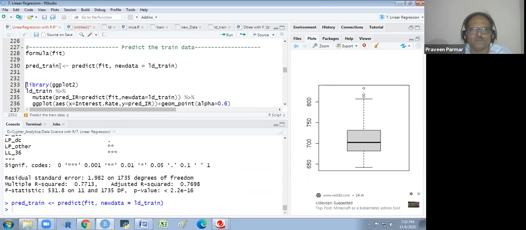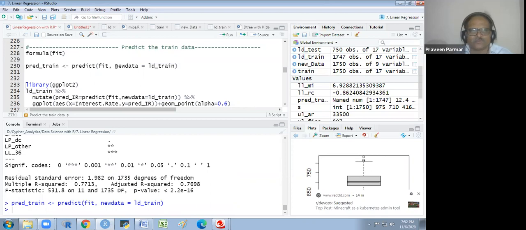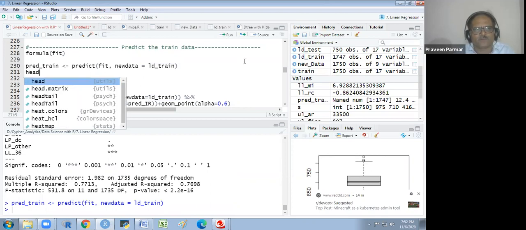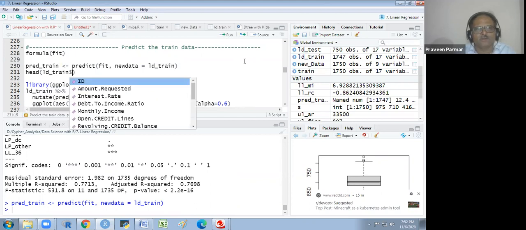So I will get this prediction. I will show you the head of the actual interest rate first: LD underscore trend dollar interest rate.